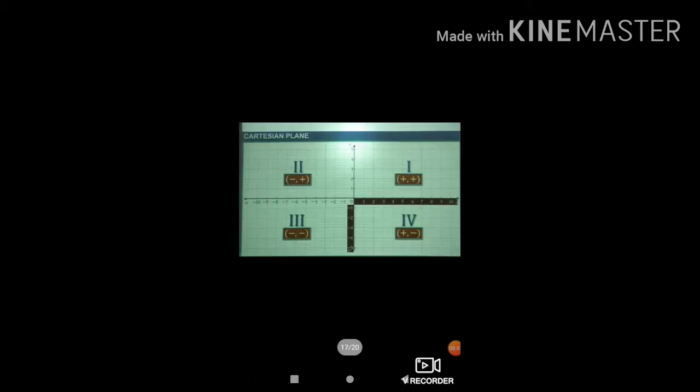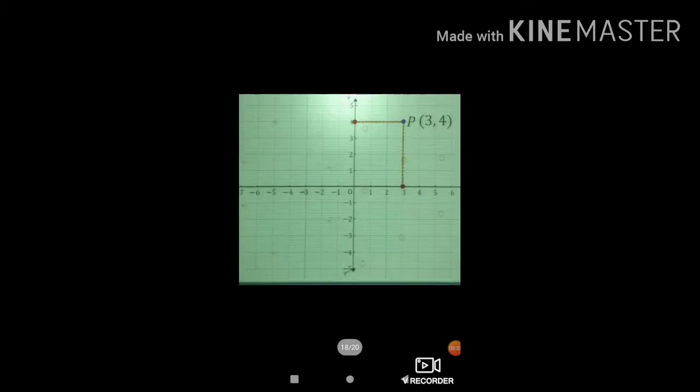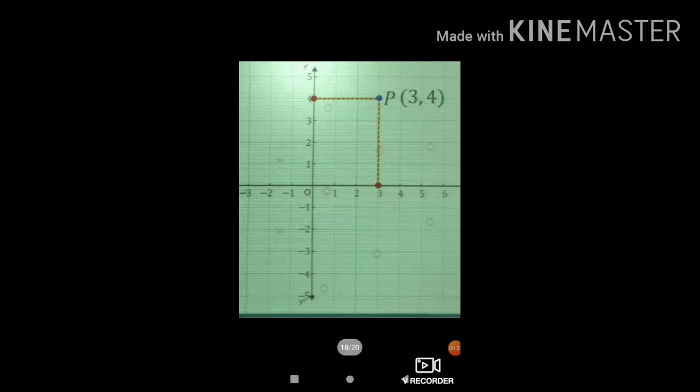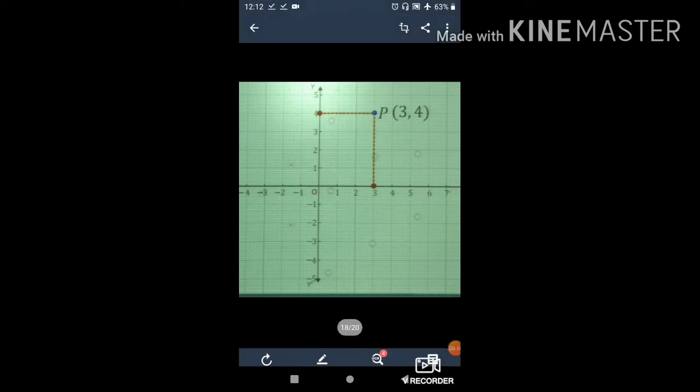Okay, now suppose our point P, you have seen that this is point P. It is coming in the first quadrant, and you have learned that points in the first quadrant have positive digits. So first we are finding the position of point P. First we find the distance on the x-axis: we have taken the distance from O to this point. What does it come to? O to 3.